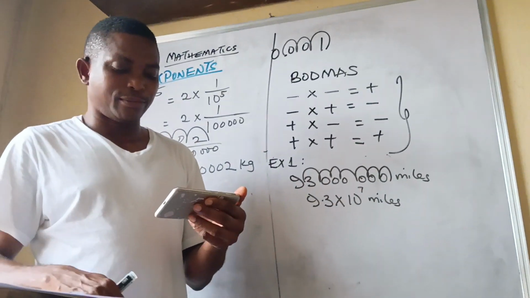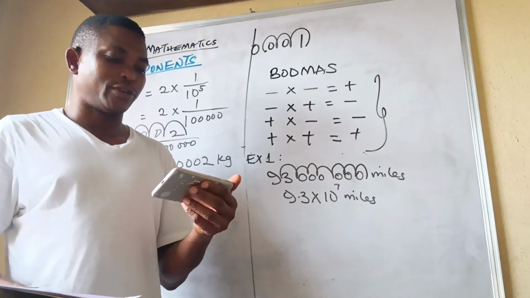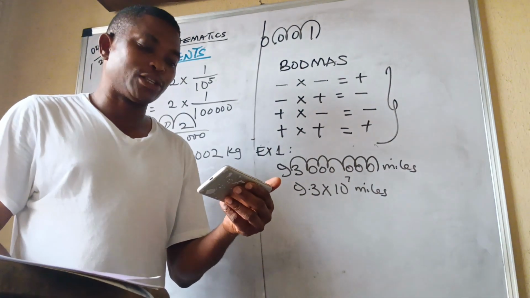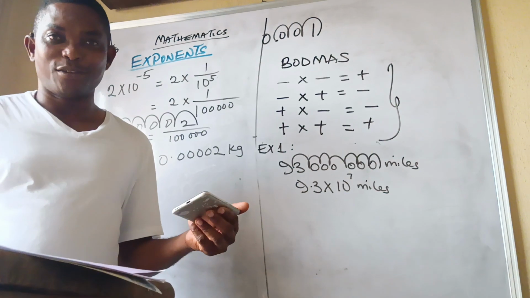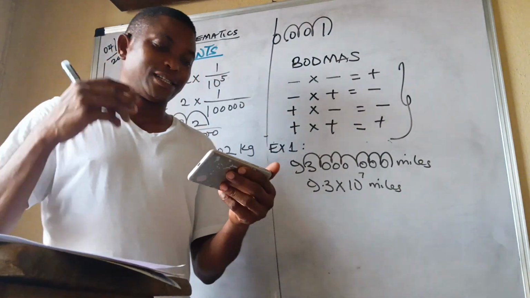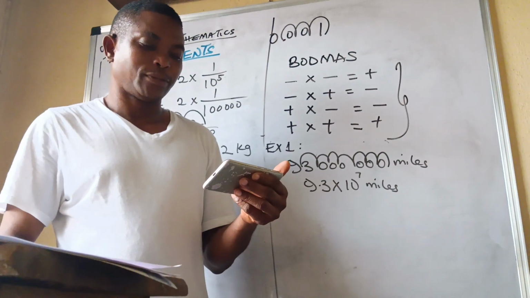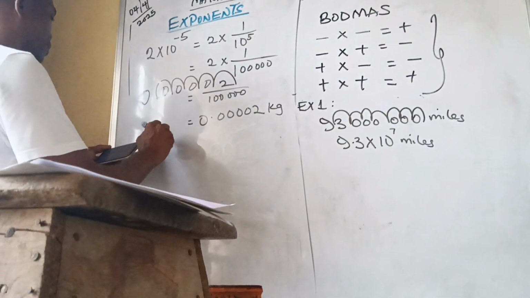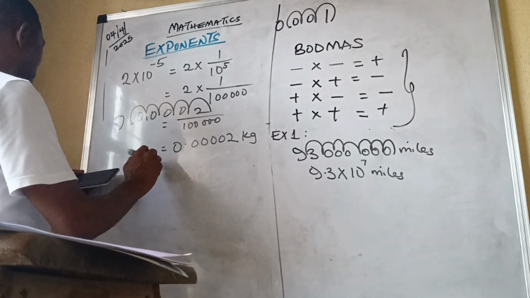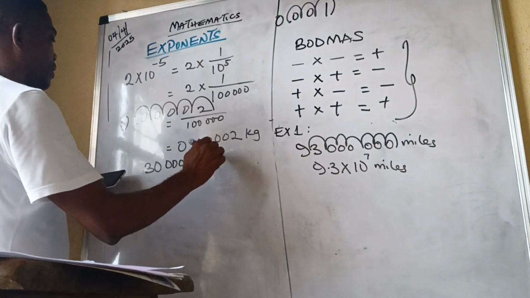So let me read this note. If you perform operations that result in a very large or very small number, your calculator may display the solution in scientific notation, just as I was trying to explain. Enter this operation: 30,000 multiplied by 5 million. Can you please punch your calculator?